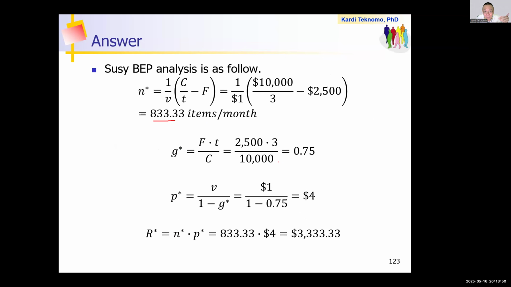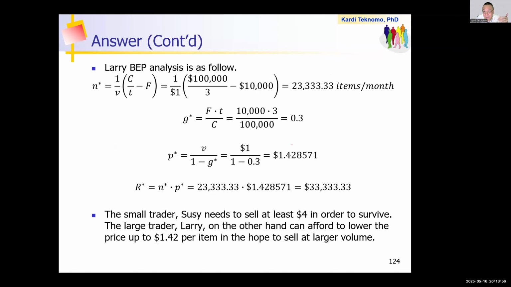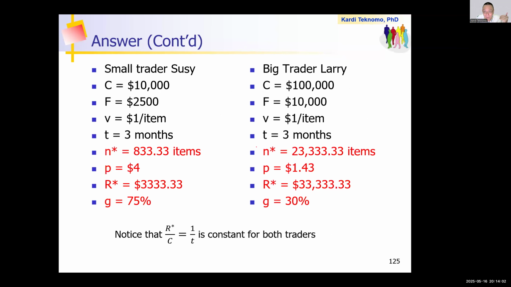Wow, you will see the price here is $4 for the small trader, and for the large trader, they can sell at only 1.5, 1.4. So this is the comparison, at the same assumption here. This is the actual thing that comes down. This is the invariant for both traders.